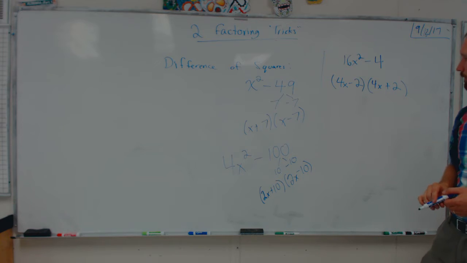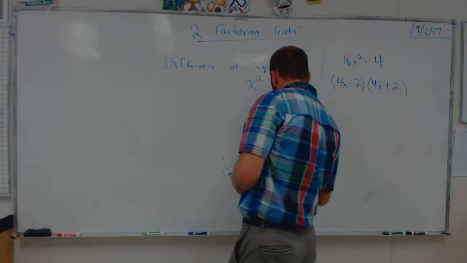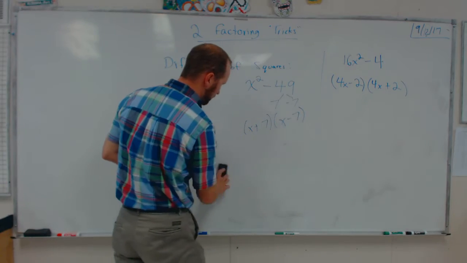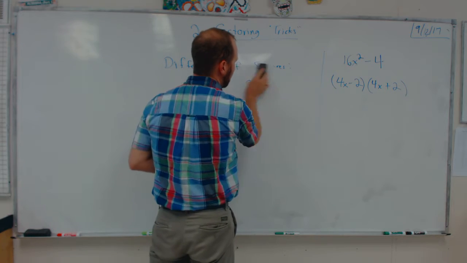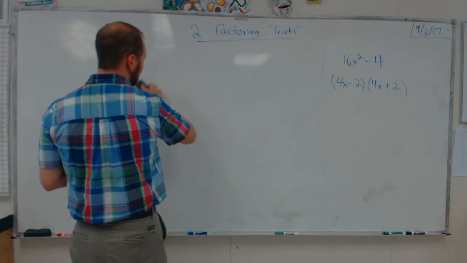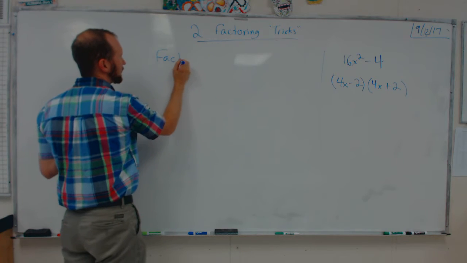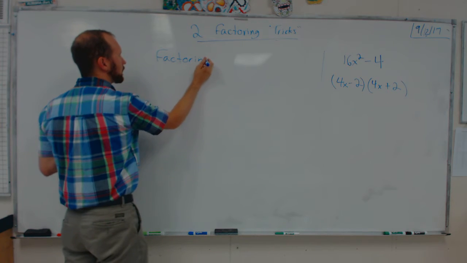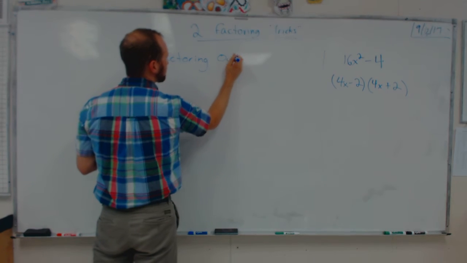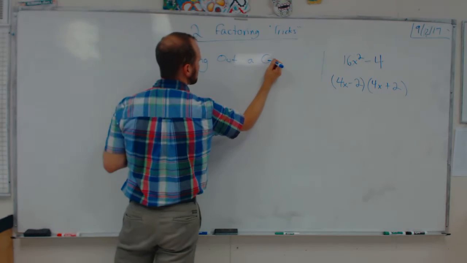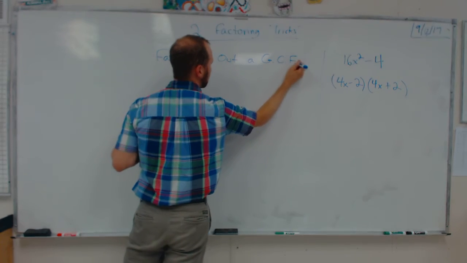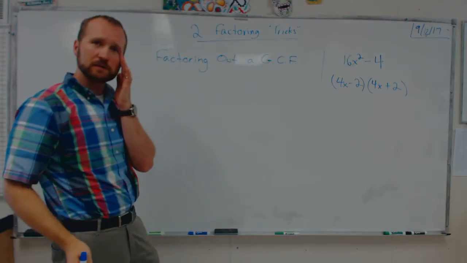Okay. The other thing that we just looked at is called factoring out a GCF. So this is kind of our second trick. Factoring out a GCF. Do you guys remember what GCF stands for?